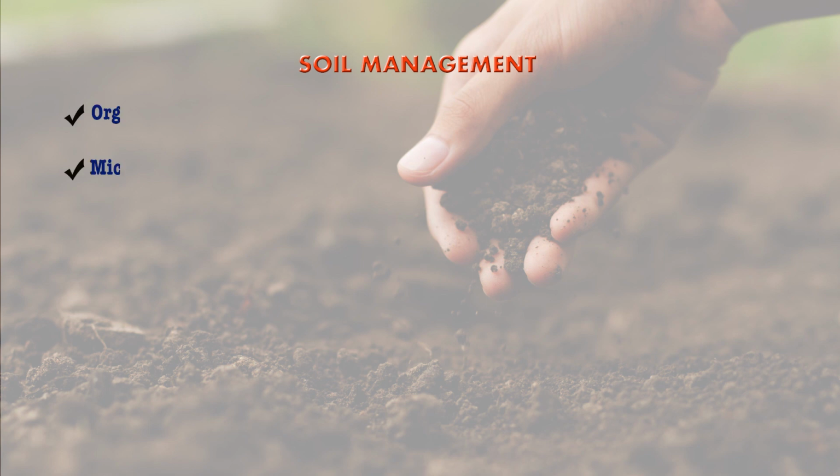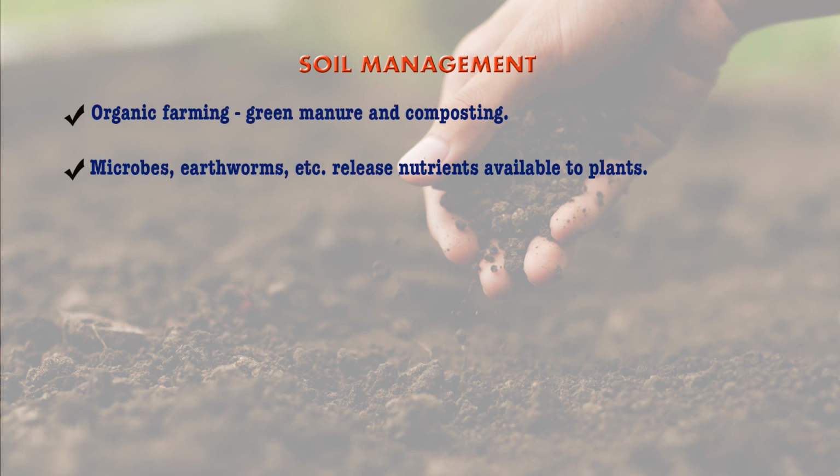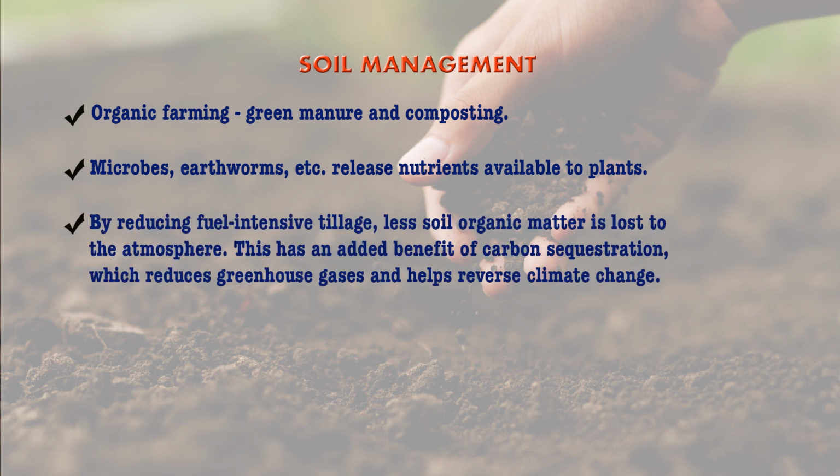Soil management. In organic farming, here again we focus on green manure practices and also composting. The microbes and earthworms involved in vermicomposting release nutrients which are available to the plants in a very natural process. Also, by reducing fuel-intensive tillage, less soil organic matter will be lost to the atmosphere.